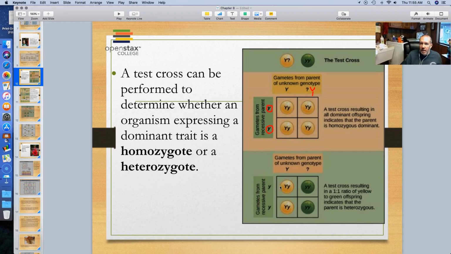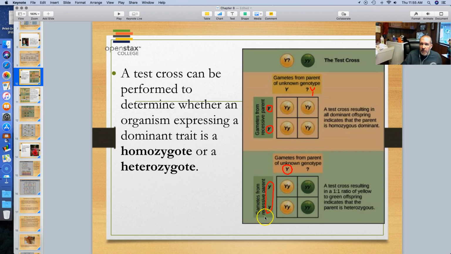So we do this again. We have an individual that has yellow color, and we cross it with an individual that has green color. We know what the alleles are for the green individual, and because the other individual is dominant, we know one of the alleles has to be a dominant allele.